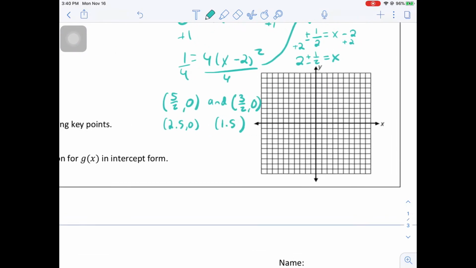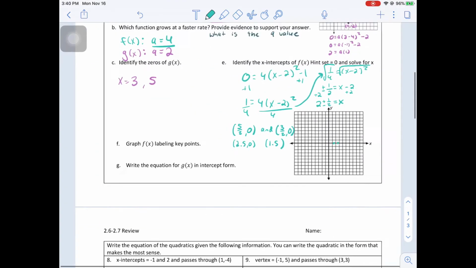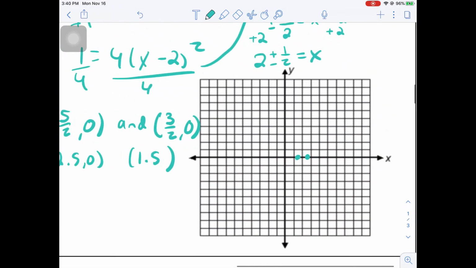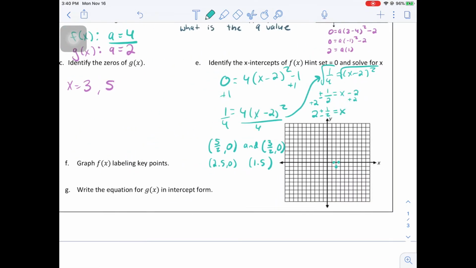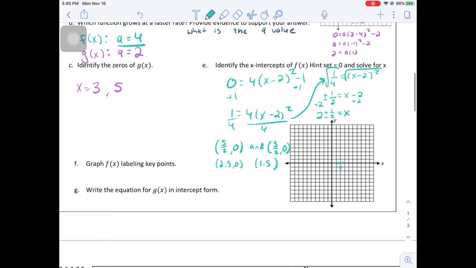It says graph f of x labeling key points. Well, this is fantastic that we already have the x-intercepts. So 2.5 would be right here. 1.5 would be right here. We know the vertex is positive 2 and negative 1. So that's going to be right here. And then we need one more point.